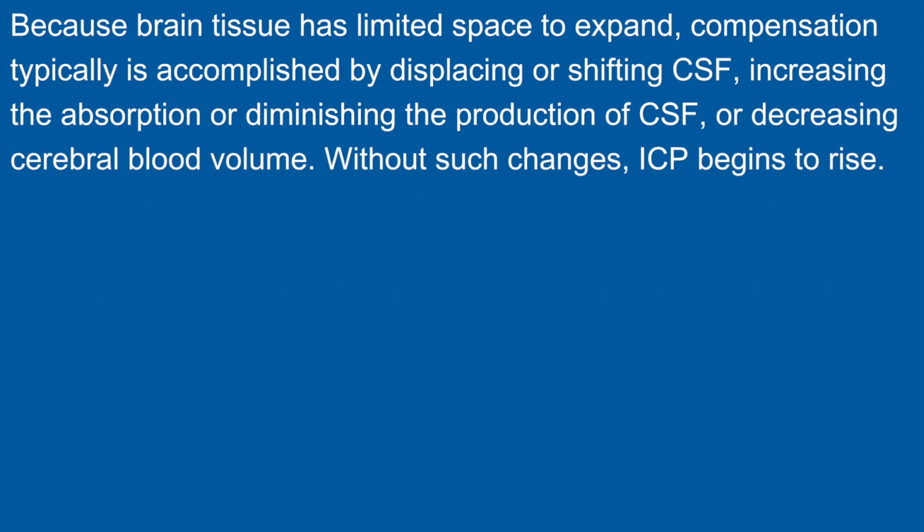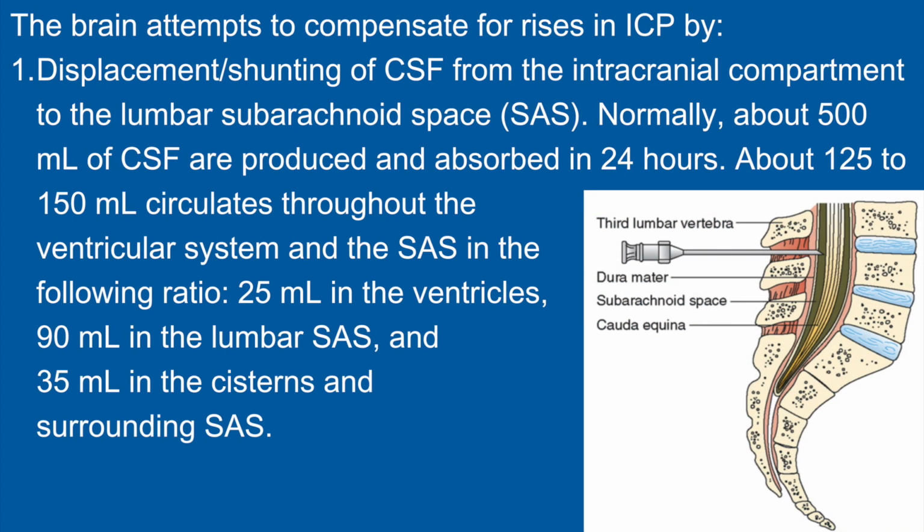Because brain tissue has limited space to expand, compensation typically is associated with displacing or shifting CSF, increasing the absorption or diminishing the production of CSF, or decreasing cerebral blood volume. Without such changes, ICP begins to rise. Normally, about 500 ml of CSF is produced and absorbed in 24 hours.